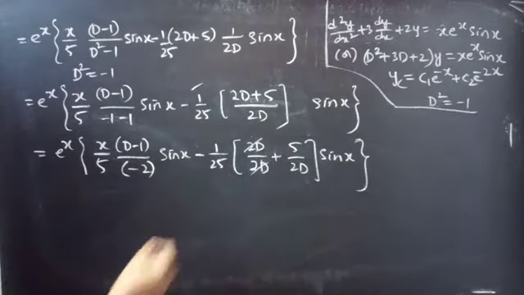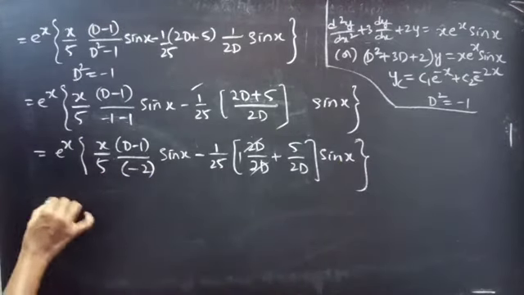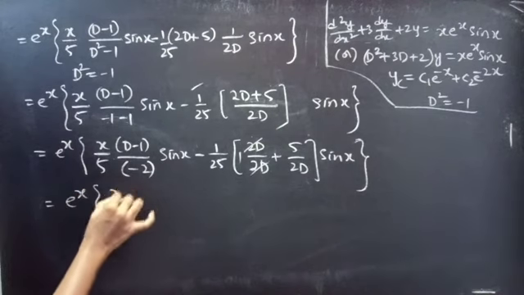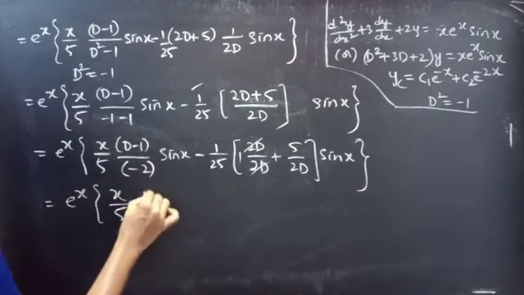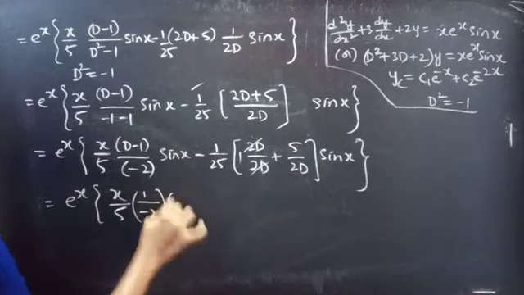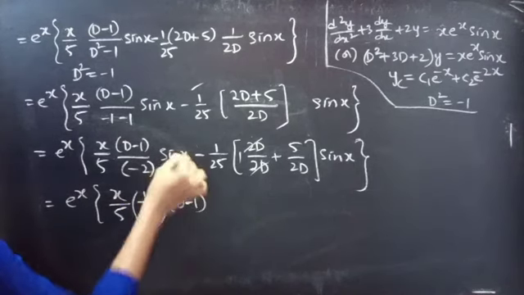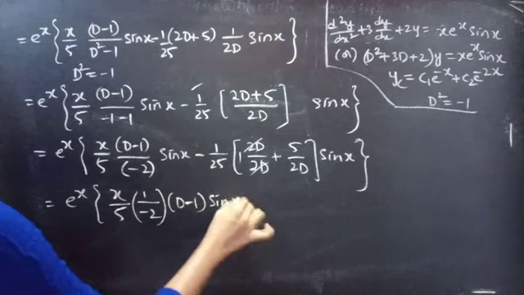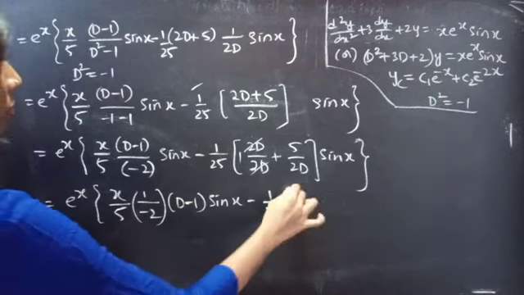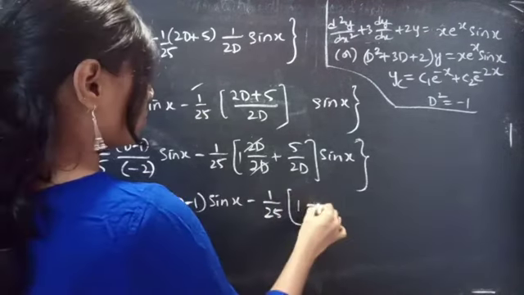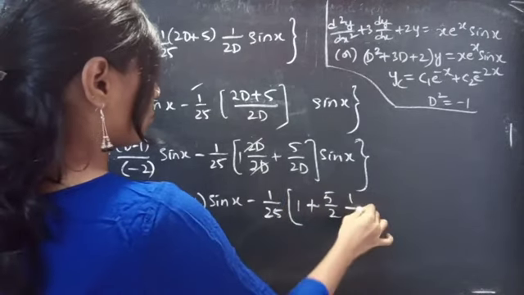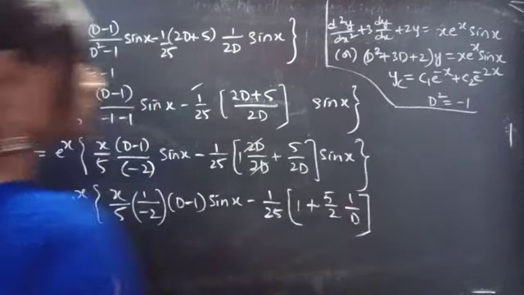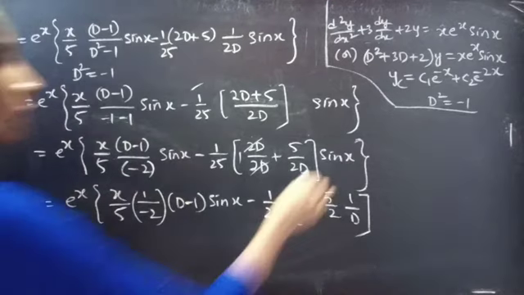2d gets cancelled and you'll get 1 here. This is equals to e power x into x by 5 into, again we can split this as 1 by minus 2 into d minus 1 into sin x minus 1 by 25 into 1 plus I'll write it as 5/2 into 1/d into sin x.